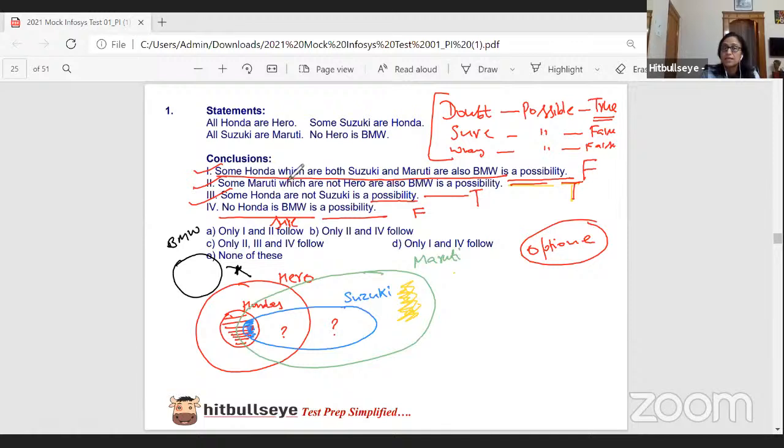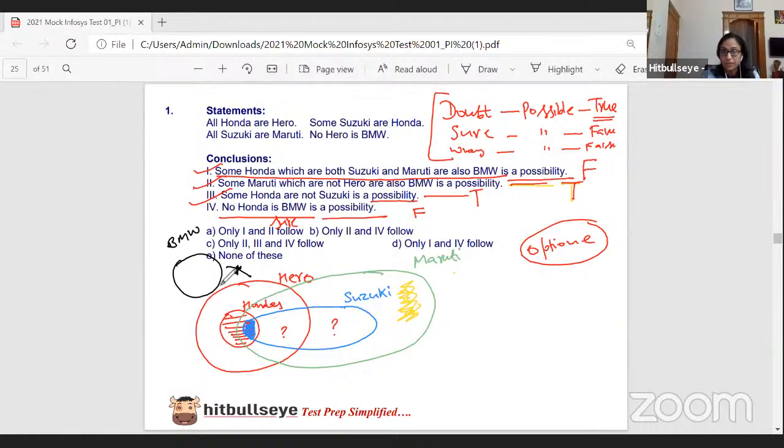First one says, some Honda which are both Suzuki and Maruti. Where do you see Honda, Suzuki, Maruti intersecting? Here in this blue region. They are talking about this region. What they are saying about this blue region is that this particular shaded region is the one that they are talking about. They are also BMW is a possibility. Can you have this blue region to intersect with BMW?